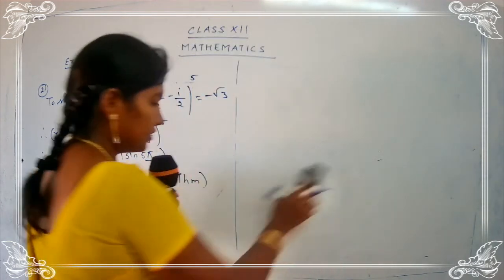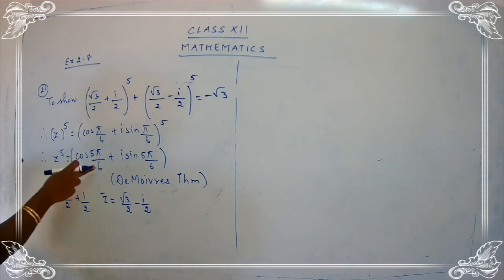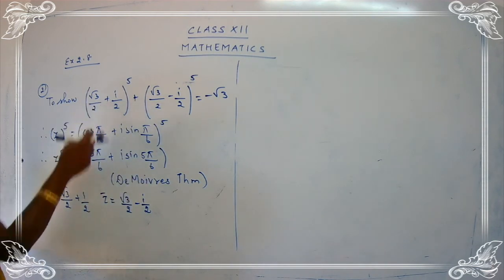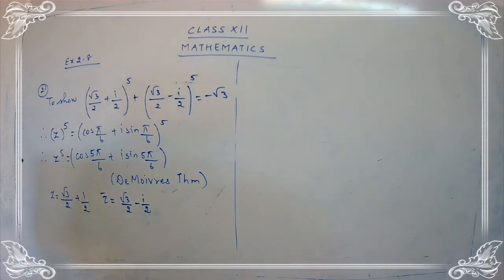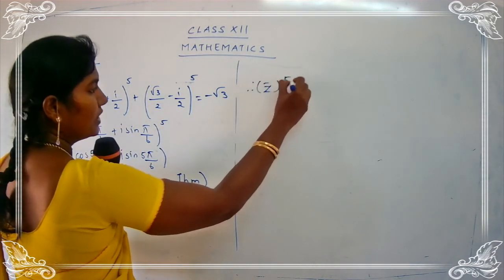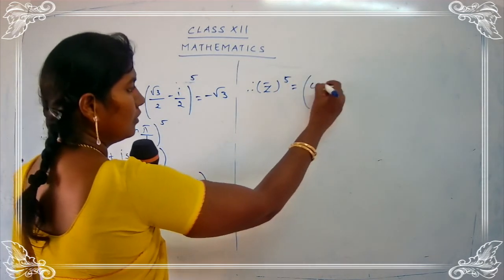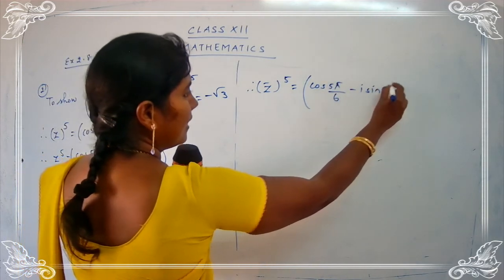So z raised to 5 was cos 5 pi by 6 plus i sin 5 pi by 6. Here the sign was plus. Now the only difference is the sign is minus. So just write down the answer. Therefore, z bar the whole raised to 5 is equal to, I am going to write the answer directly, children: cos 5 pi by 6 minus i sin 5 pi by 6.